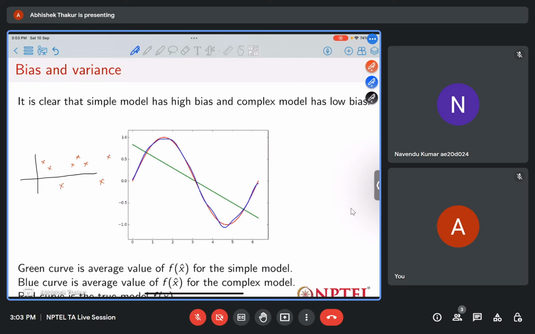There are two kinds of model. If our model is very complex, of high degree, then on the training data set it will perform very well and it will cover all the data points. This blue curve is for the complex model.